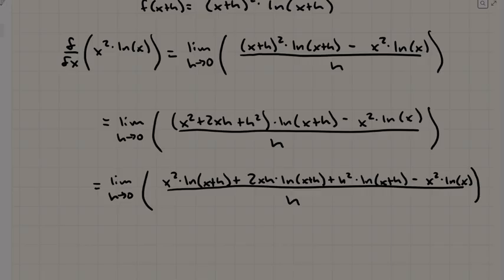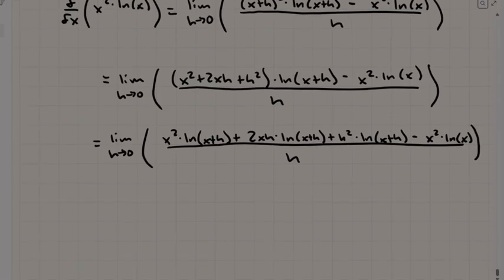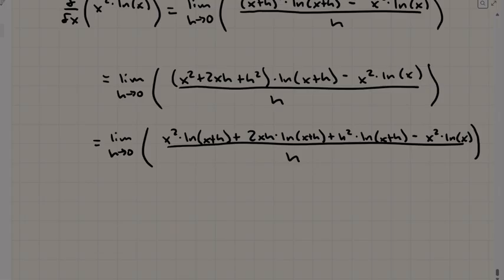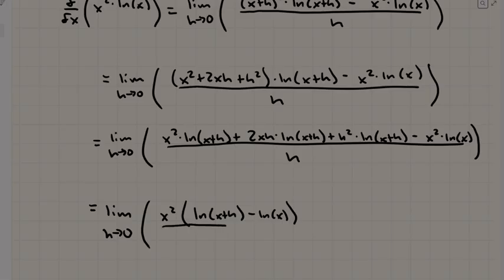Okay. Now we can factor out this x squared that's in these two terms. So we'll have the limit as h approaches 0. We'll factor out x squared from the first and the last term. So x squared times ln x plus h minus ln of x. That's the first and the fourth term of the numerator. Let's go ahead and put that one over h.